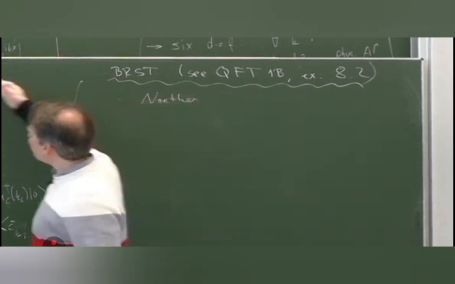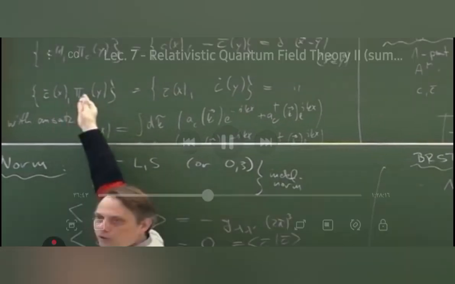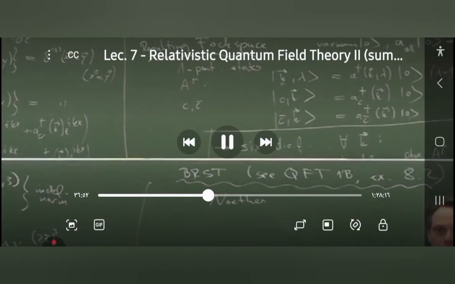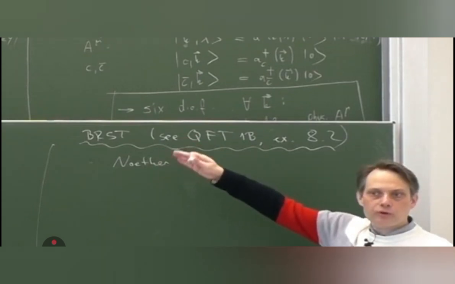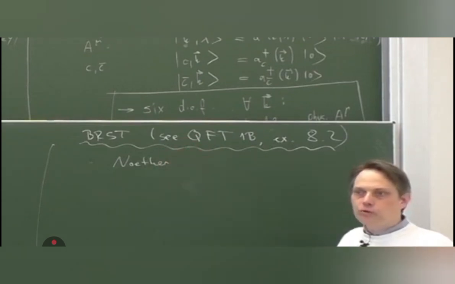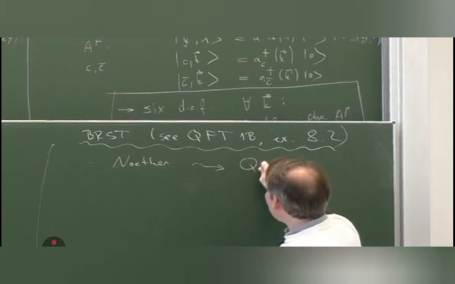The classical Noether charge is some expression containing pi's and field operators. So it's some combination of canonical momenta and actual field operators. Then you can quantize the theory. You replace the classical pi's and the classical fields by their quantum operator equivalents. And in this way, you get an operator QB.